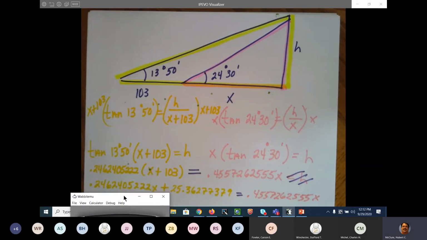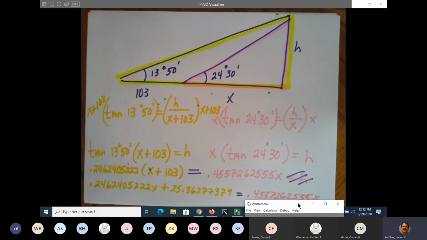So I've got an x here. This x is bigger. The pink x is bigger. So I'm going to bring this one over here.